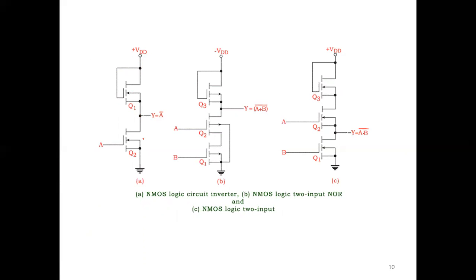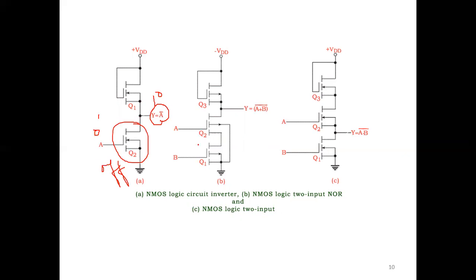If A is equal to 1, the MOSFET is closed, conducting, so the output will be 0. That is, if you give 0 the output will be 1, and if you give 1 the output will be 0. This is the NMOS logic inverter.